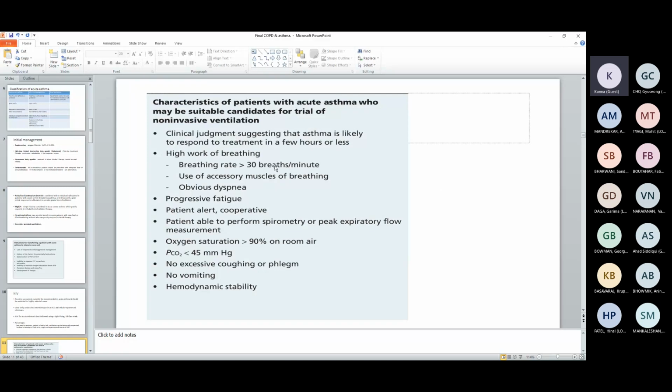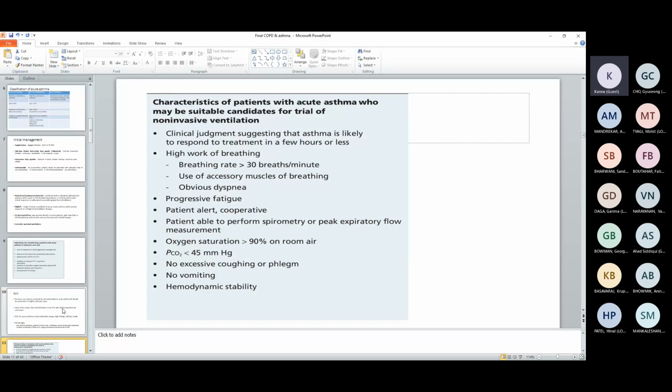And if the patient remains alert and cooperative and able to perform the spirometry and the peak expiratory flow rate, then we can consider it in those patients. And if they are able to maintain the saturation of more than 90% and the PCO2 is less than 45, so not severely hypercarbic, and there is no excessive coughing or vomiting, and the patient is hemodynamically stable, then we can consider starting non-invasive ventilation in these patients.